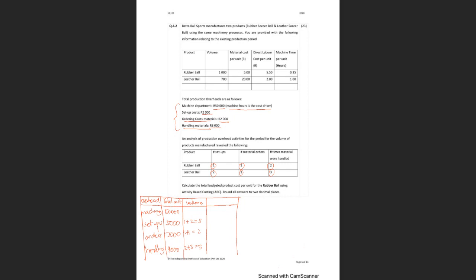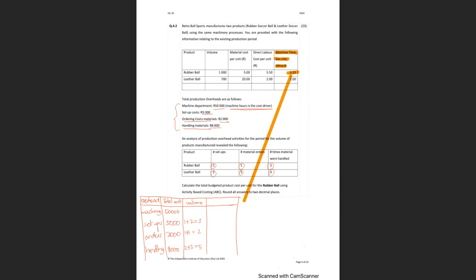Then for the first one, your machining. Remember they said to you machine hours is the cost driver, and then they said to you at the top, you will look at the last column. It is the machine time per unit, and this is in hours. Now this is per unit, and you need it to be a total. So it's 0.35 per unit for rubber ball.